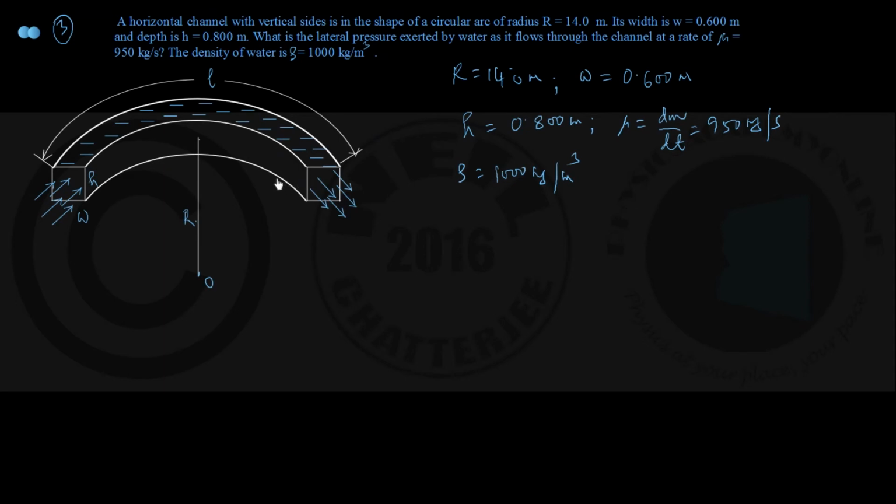And once we can find that force, it will be possible for us to find the corresponding force on the wall and subsequently the pressure of water on the wall.